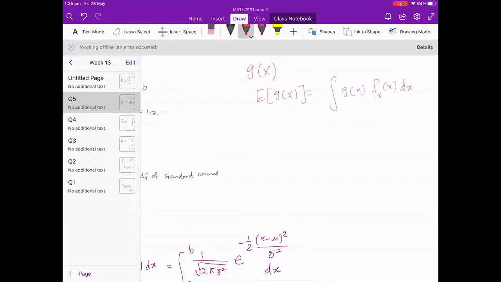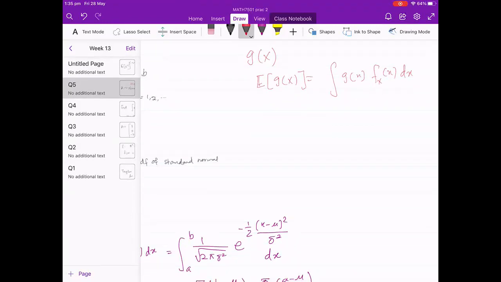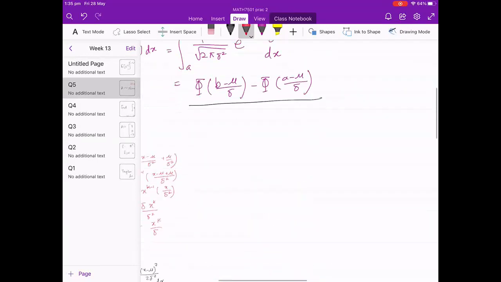That's in general. So we are going to need the definite integral. How would we start?